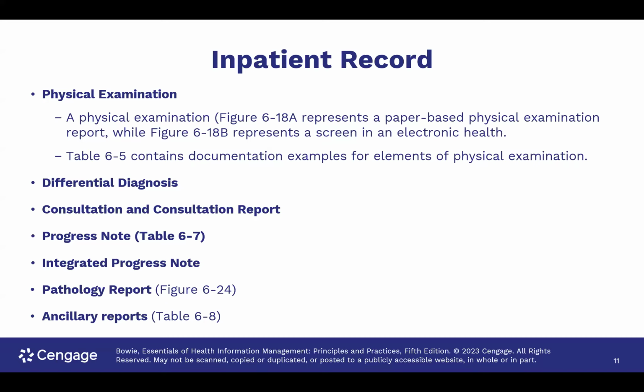So they can say cells strongly suggestive of metastatic adenocarcinoma, what have you. Those are the types of things that you see in the pathology report. And you can see an example of that in figure 6-24. And then we have ancillary reports. They're all different types of things and described in table 6-8.